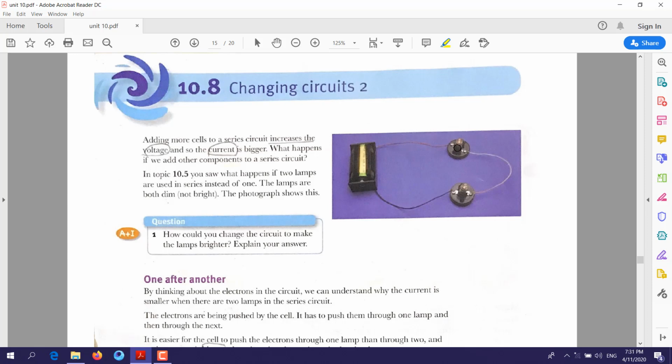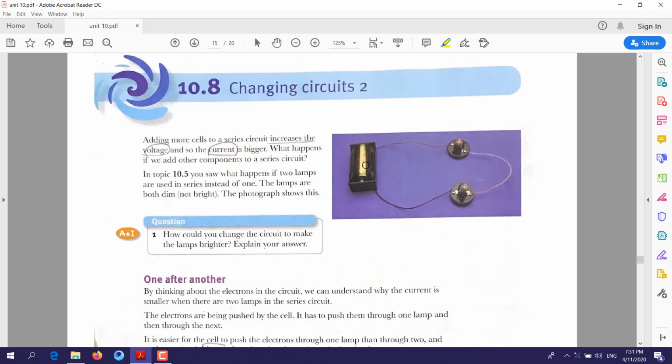For this bulb to light up, it needs charge to pass through it, and then it goes back again to the cell. But if we add another bulb, this bulb also will need charge, will need energy.